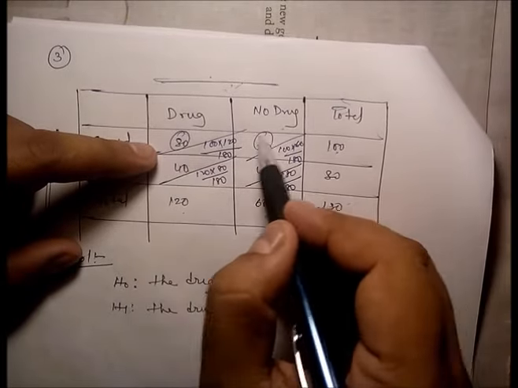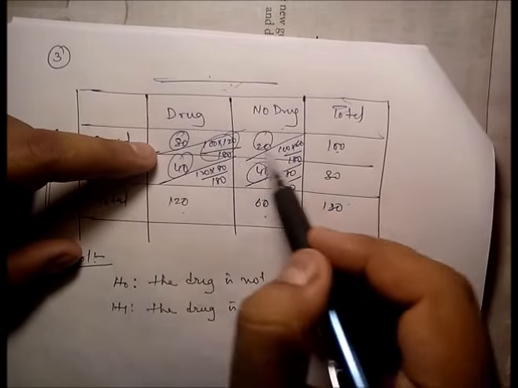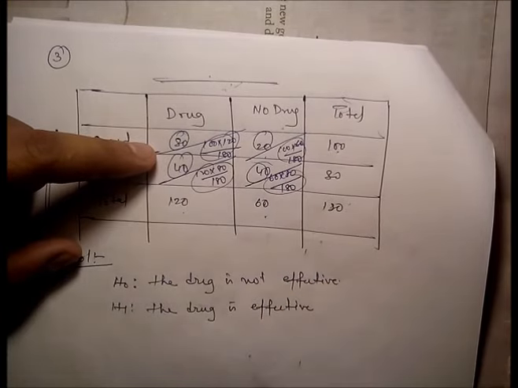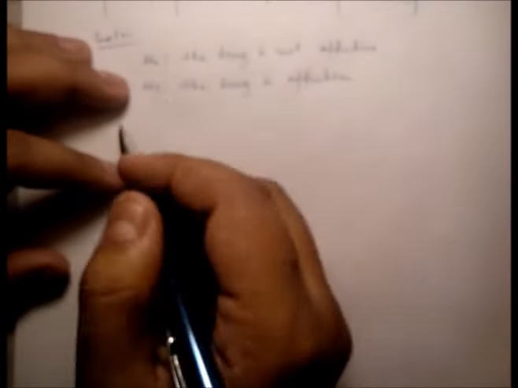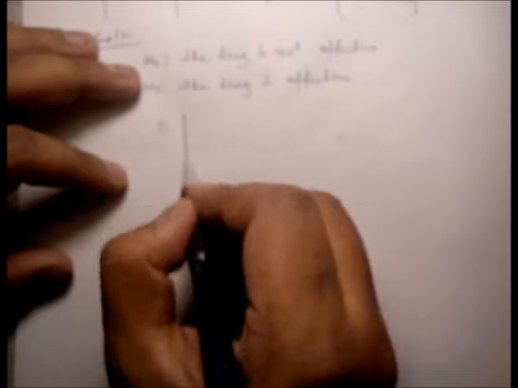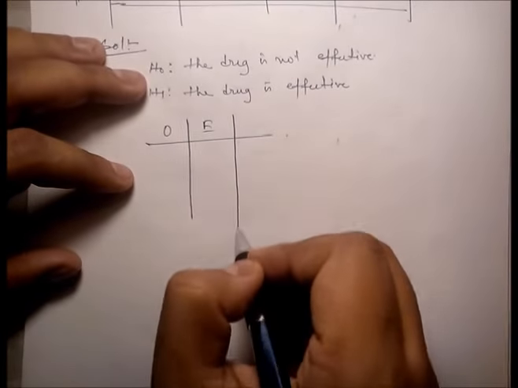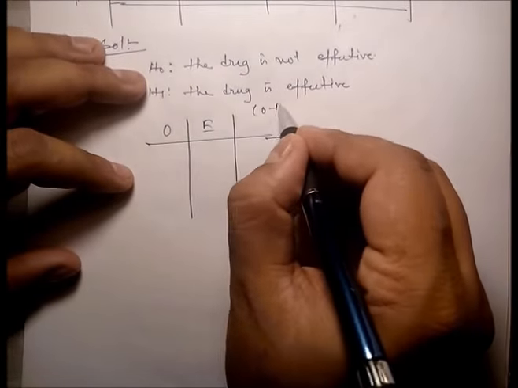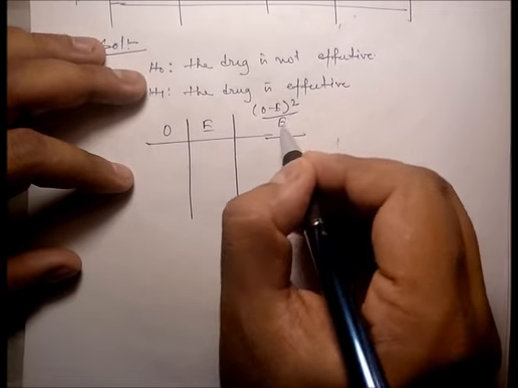So these are our observed frequencies, but these are our expected frequencies. We have to draw another table where observed and expected are there, and identify O square by E.